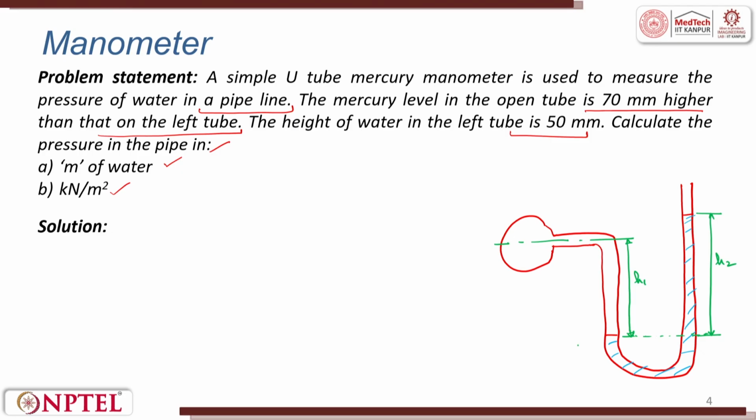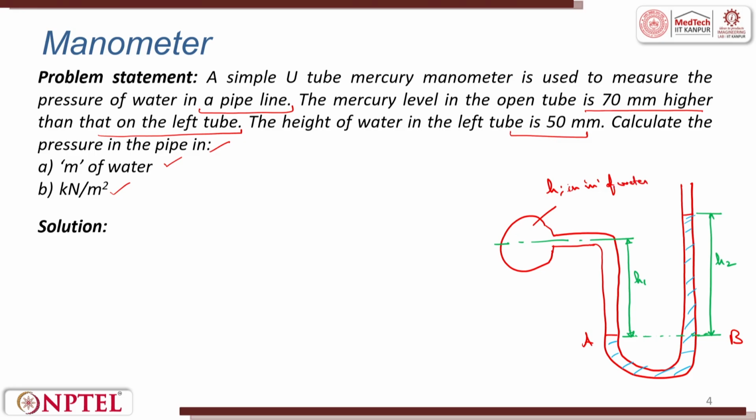I will just name them as A and B. This is A, this is P point, and there is height H, that is in meters of water.